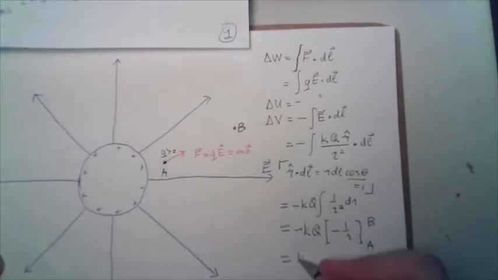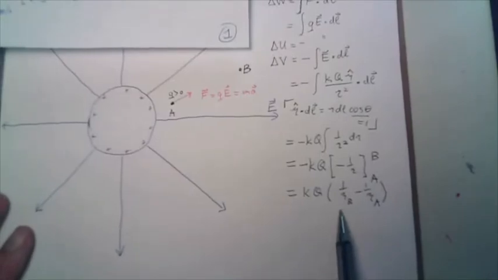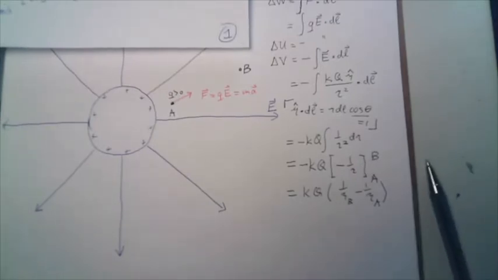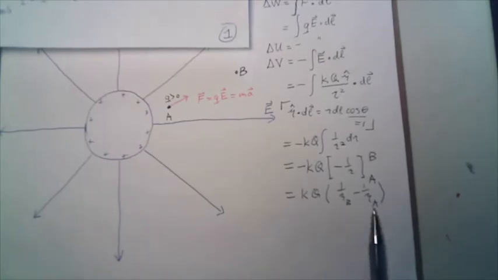So that's therefore KQ. That's our potential difference. One thing with potentials that is messing people up a lot often is that we get a potential difference that is dependent on the path that we take.